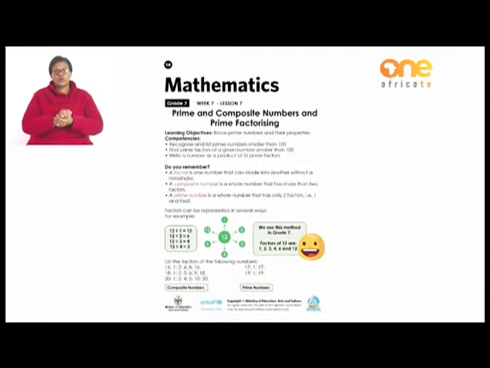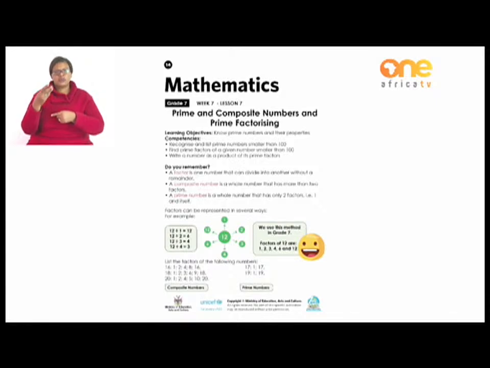What is outside, pointed to by the arrows, are factors of 12. We have 1, 2, 3, 4, 6, and 12. In grade 7, we use these methods, whereby the factors of 12 are 1, 2, 3, 4, 6, and 12.